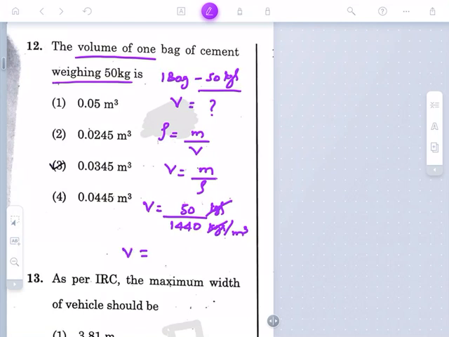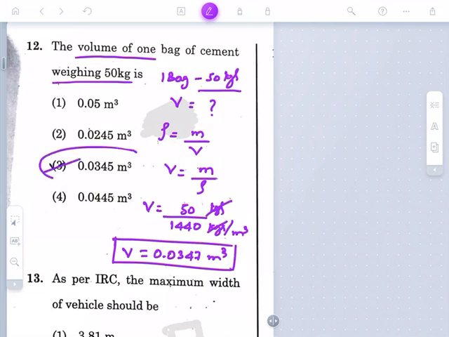If we substitute this value, it will be equal to 0.0347 meter cube. Okay, this is the volume of the cement. The nearest value for this is 0.0345 meter cube. This is the volume of cement present in one bag of 50 kg.